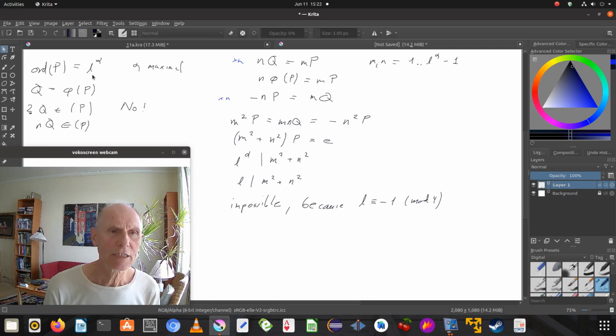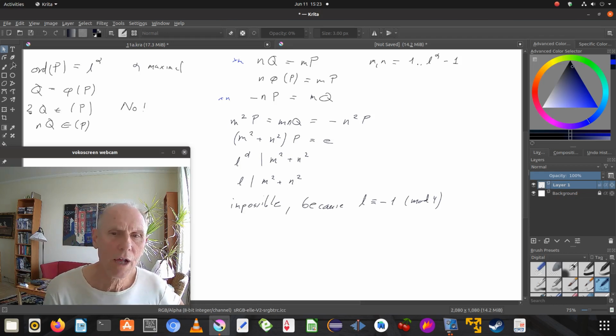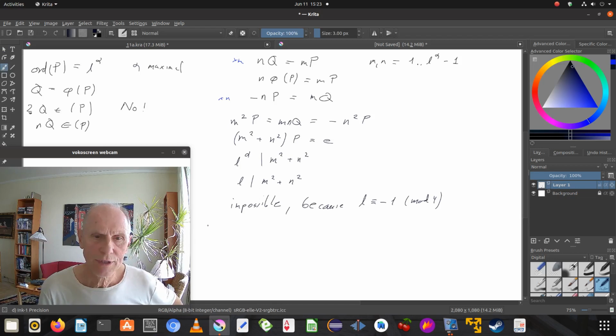We have the maximal and go through all of it again, all the same, and we end here. But now the question is, in this case, L is 2, and it looks somewhat different.